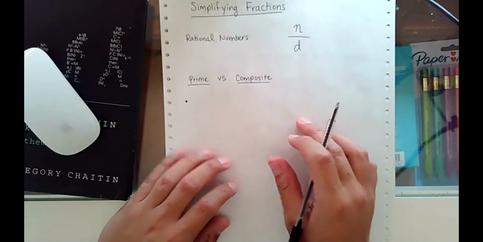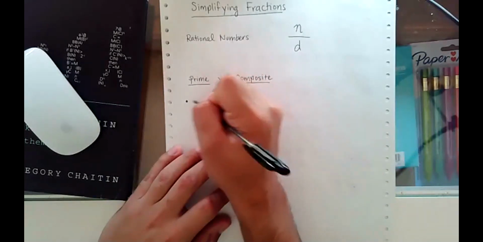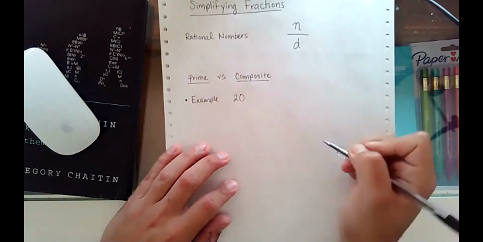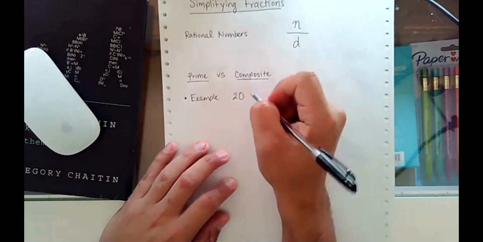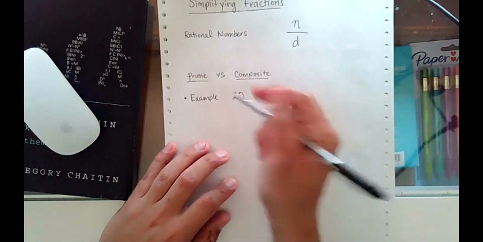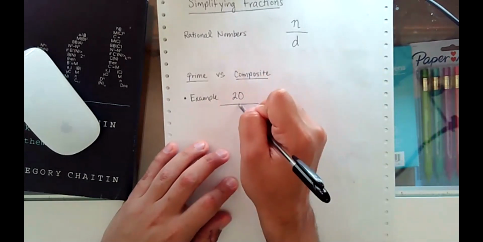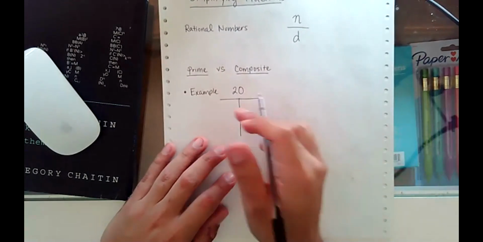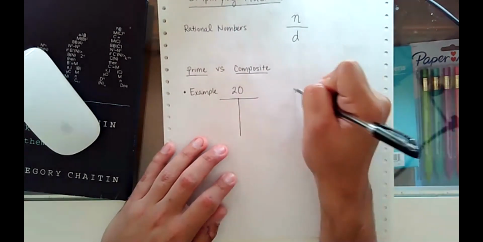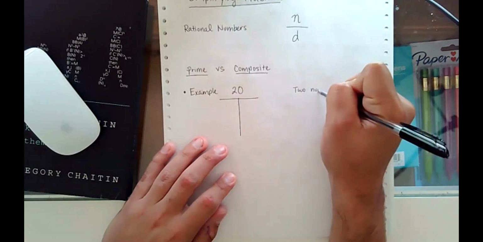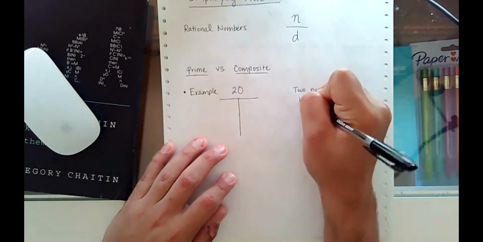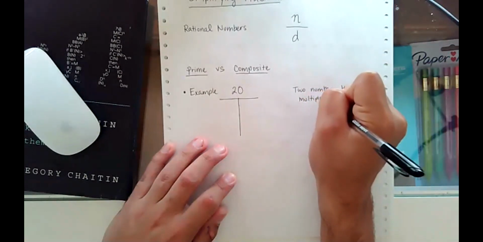For instance, let me give you this example, right? 20 can be written as, and usually I like to do a factor chart here, as a T-chart, I can think of two numbers that multiply to give me 20, or a factor pair. 4 times 5. Yeah, exactly.